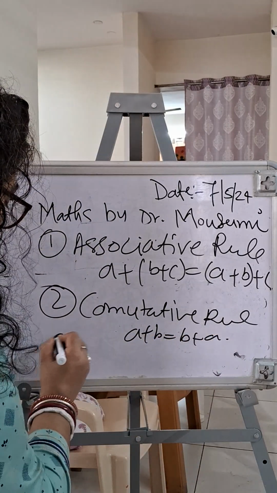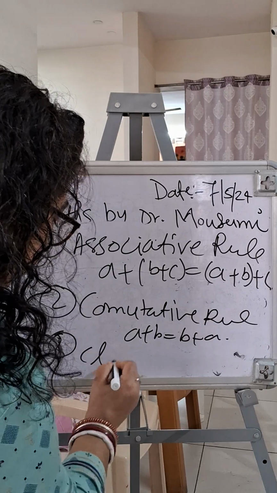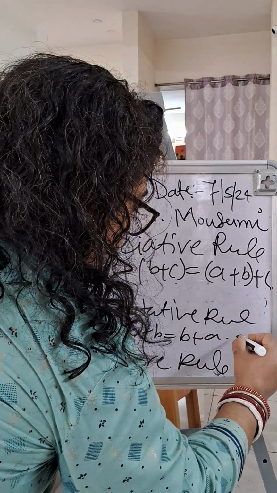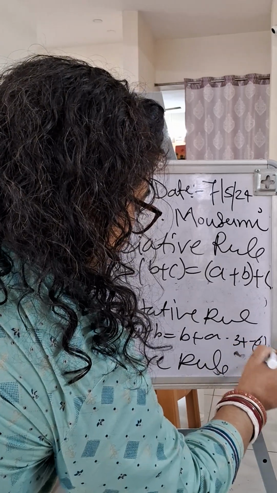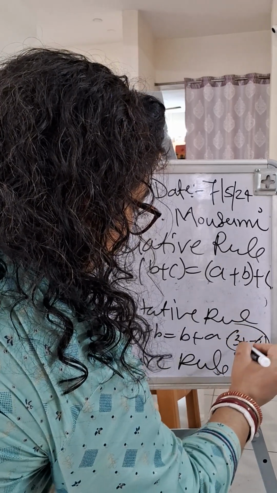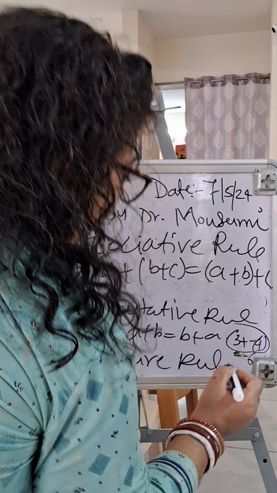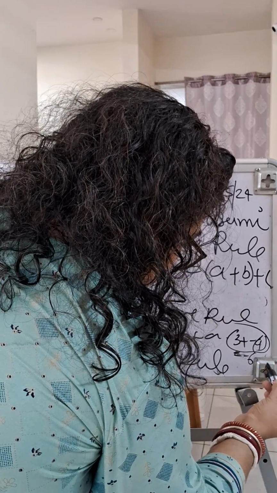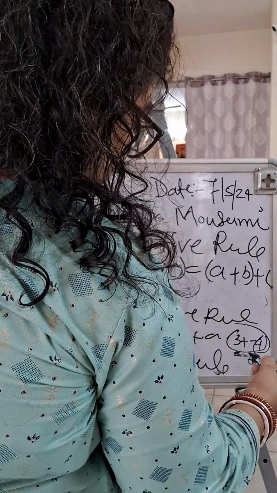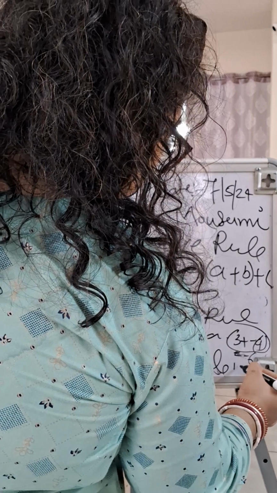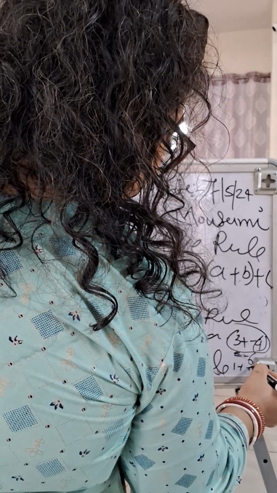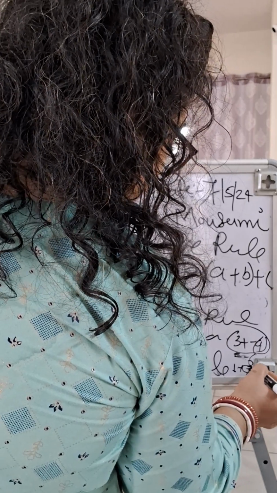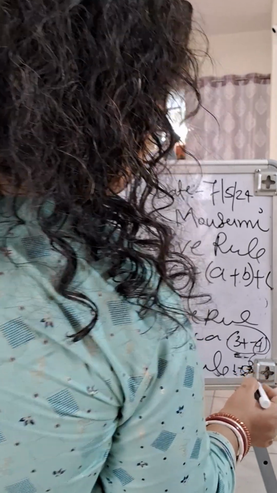And the closure rule: suppose 3 plus -9 gives -6. How do we get the -6 value again? It is 1 plus -7, sorry, -7, so I am getting -6 again.